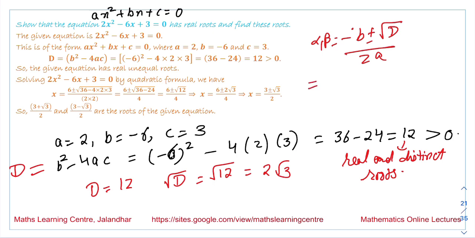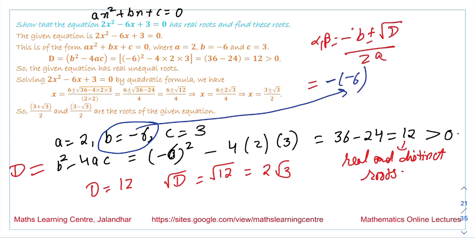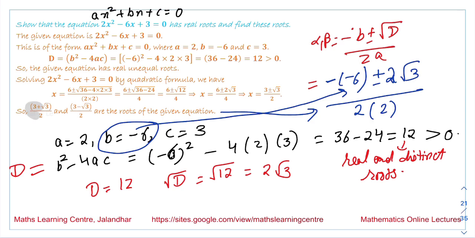So the answer: minus b means minus of minus 6, plus minus square root of d means 2 root 3, upon 2 times the value of a, which is 2. So the final answers are 3 plus root 3 by 2 and 3 minus root 3 by 2. These are the roots of the given equation.